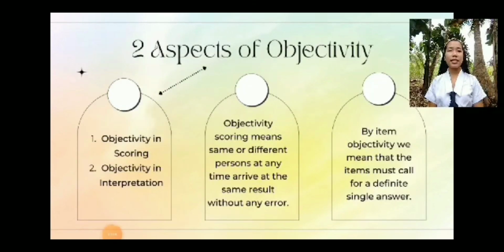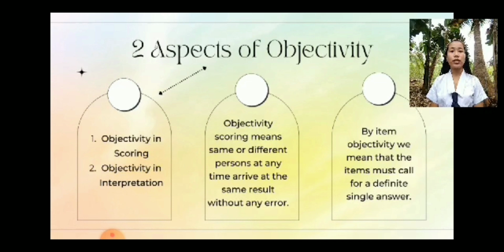In this context, there are two aspects of objectivity which should be kept in mind while constructing a test. First is objectivity in scoring. Second is objectivity of test items. Objectivity in scoring means the same person or different persons scoring the test at any time arrive at the same result without any chance of error. A test to be objective must necessarily be so worded that only one correct answer can be given to it.